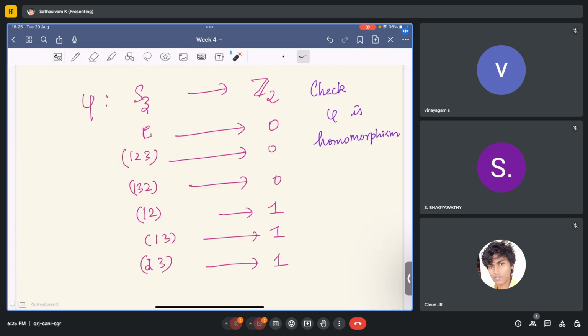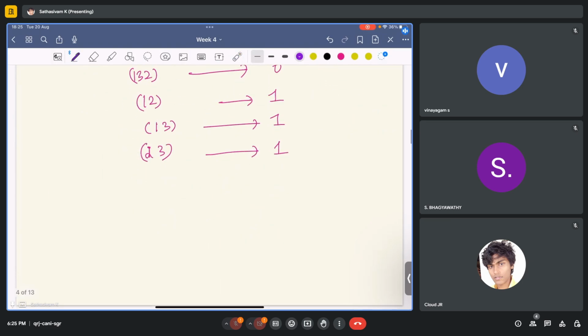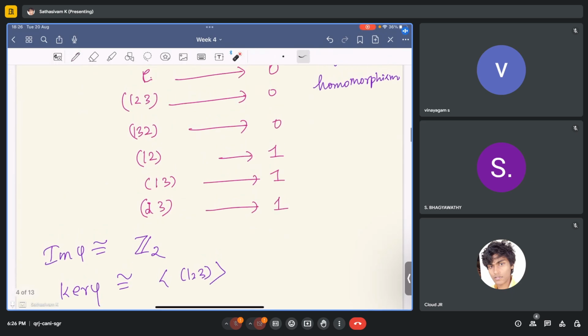So now you apply the first isomorphism theorem. So we have the image isomorphic to Z2, and the kernel of phi is isomorphic to this subgroup. Sorry, (1 2 3). So the subgroup generated by (1 2 3). It has 3 elements, of course.